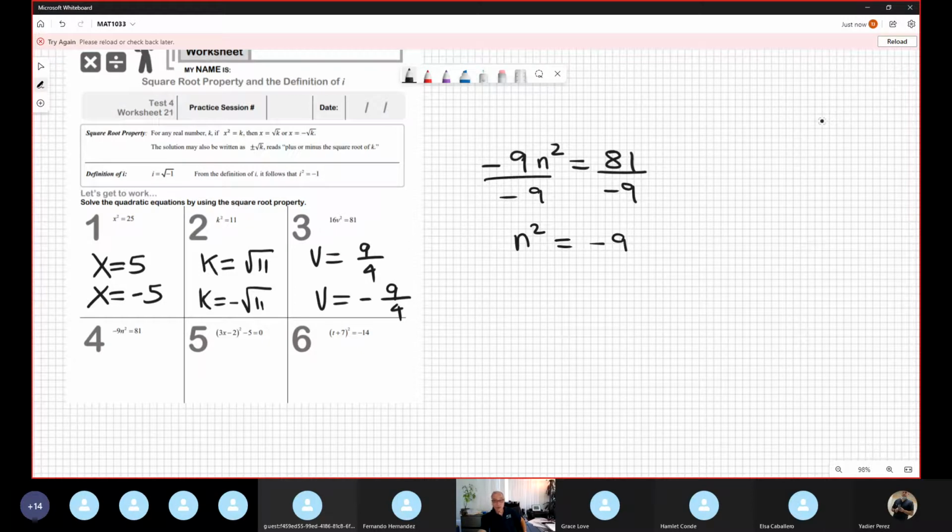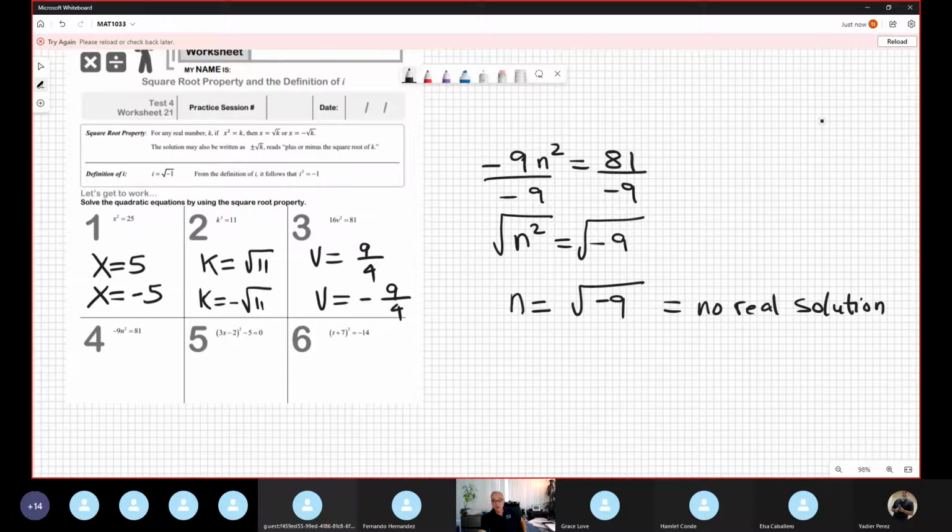Now, in this moment, when you apply the square root to both sides, you have two possibilities. m is equal to the square root of negative 9. Actually, we have no real solution. You are thinking about the real numbers, but you're extending your idea to the complex.